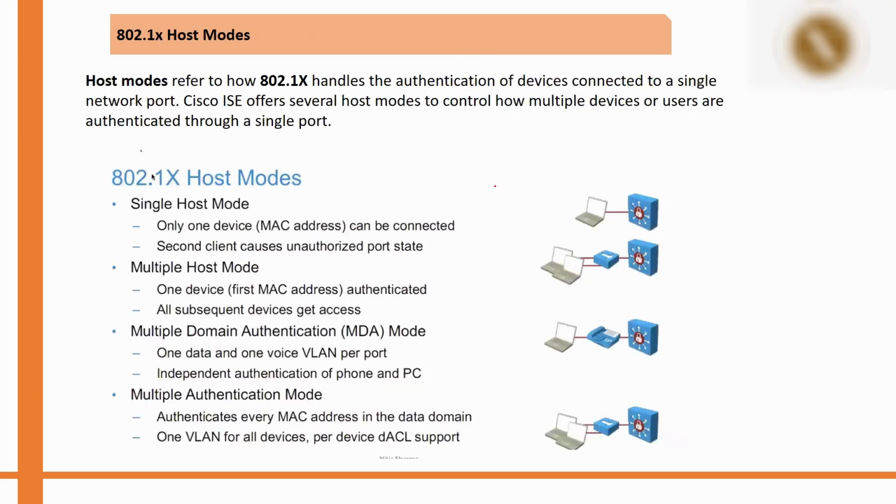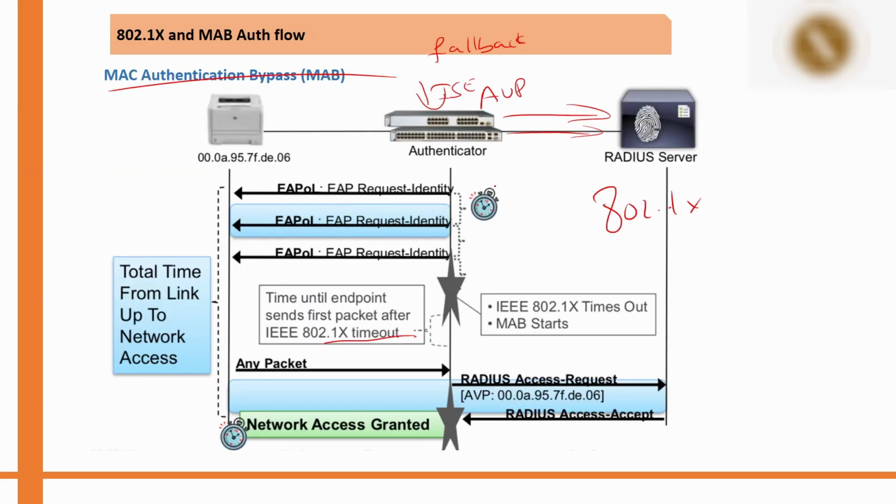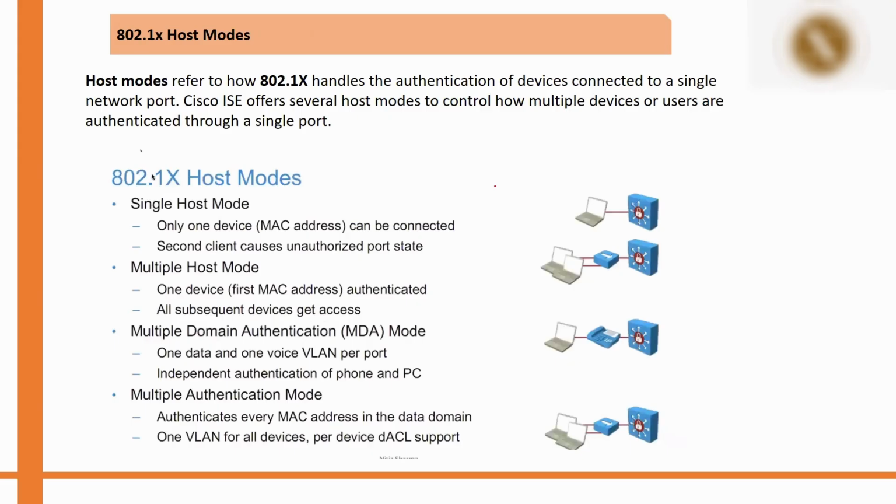Then we have different host modes. So we understood what is dot1x, what is MAB. Next we are understanding the different host modes: the endpoints, the supplicants that are going to connect to the network, how they are going to connect, and how that authentication happens. Host modes refer to how dot1x handles the authentication of devices connected to a single network port.